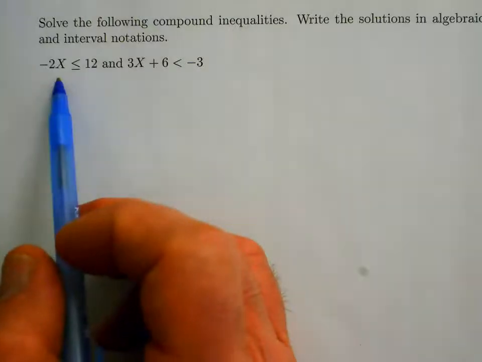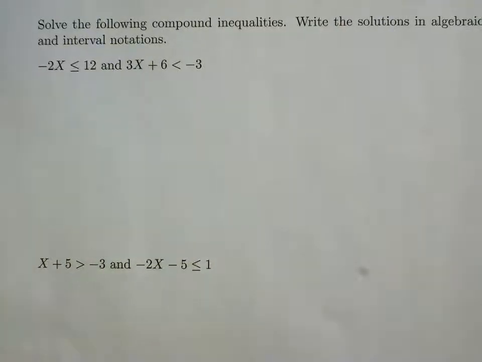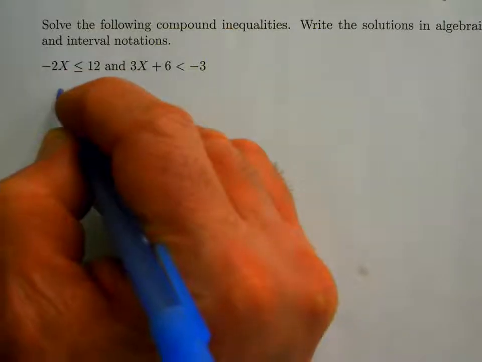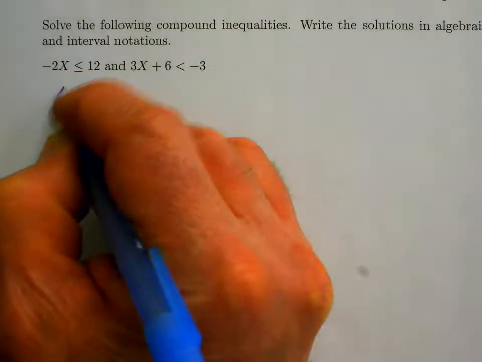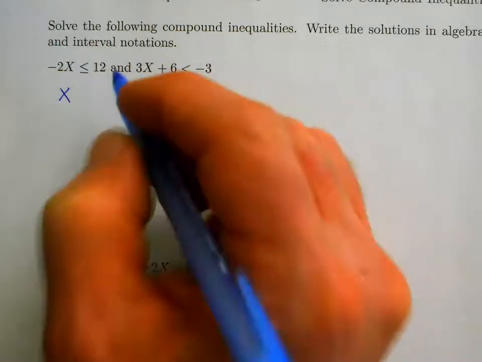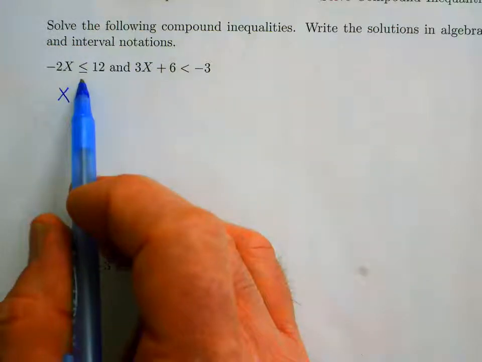On the first one, negative 2x is less than or equal to 12. When we solve this for x, what are we going to get? Well, we can divide both sides by negative 2, but keep in mind, whenever you divide both sides of an inequality by a negative number, you have to switch the inequality to its opposite.